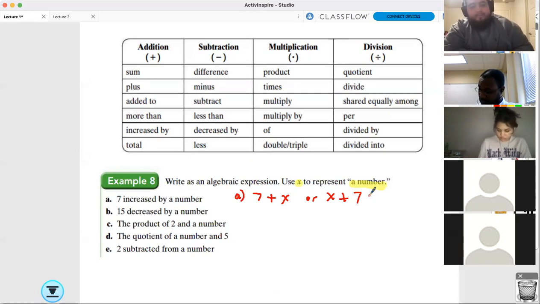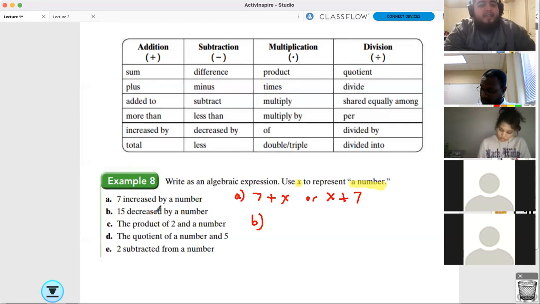So let's look at B. B is 15 decreased by a number. So 15 is being decreased by a number. So what's being subtracted first, the 15 or the X?